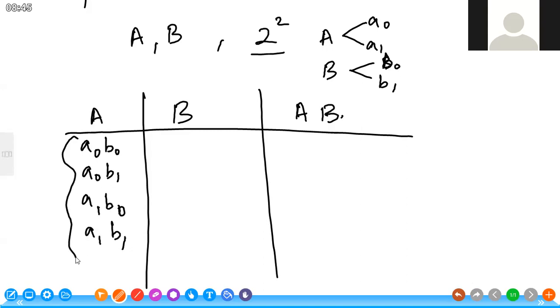So this is how the combination goes. Right? This is how the combination goes.